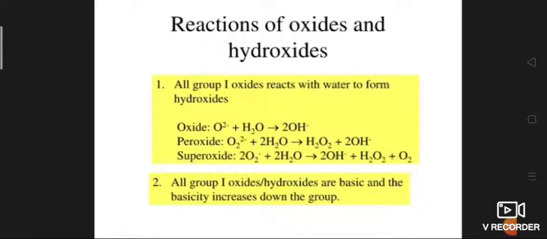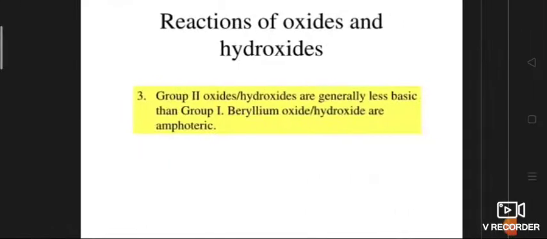All group 1 oxides and hydroxides are basic, and the basicity increases down the group. Group 2 oxides and hydroxides are generally less basic than group 1. Beryllium oxide and hydroxide are amphoteric.